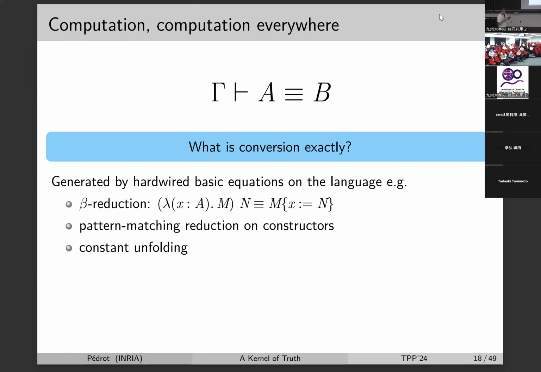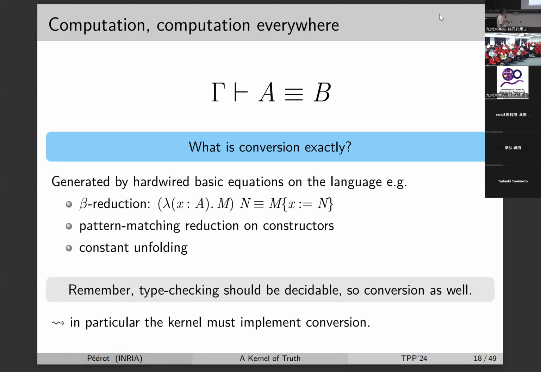So these are natural things in lambda calculus. The important point is that as a maintainer, I want type checking to be decidable because I have an algorithm that decides it. So it has to be decidable by definition. In particular, conversion must be decidable. And since the kernel is part of the type system, the kernel must also implement conversion.